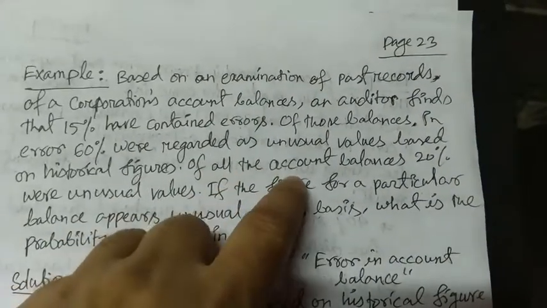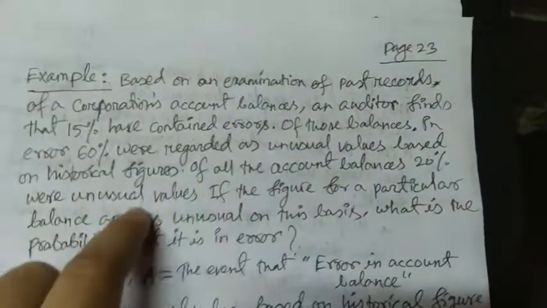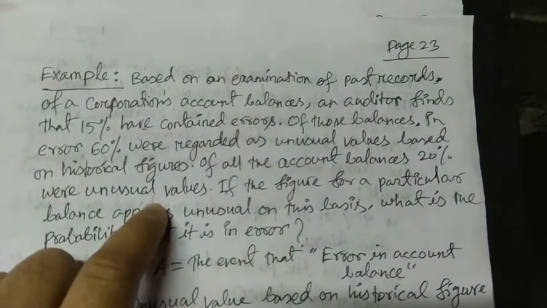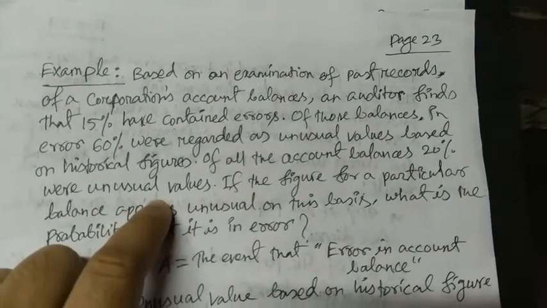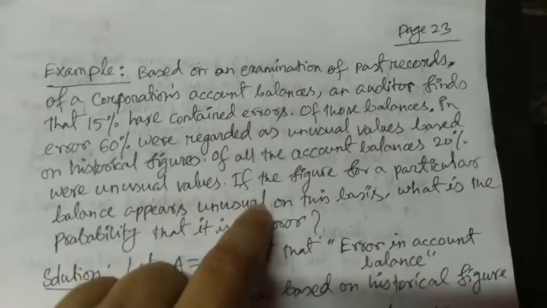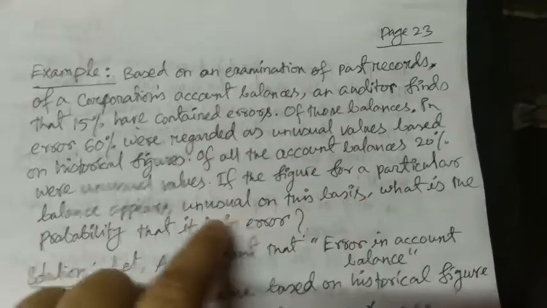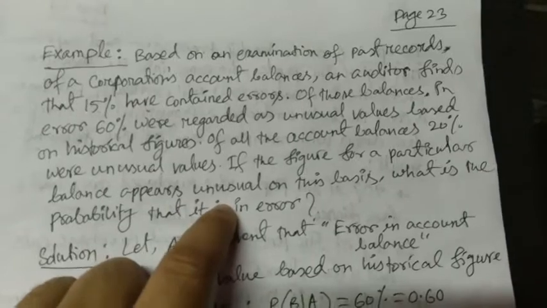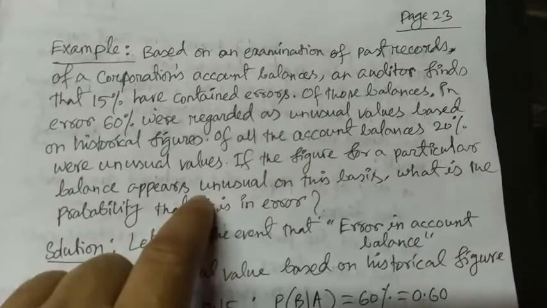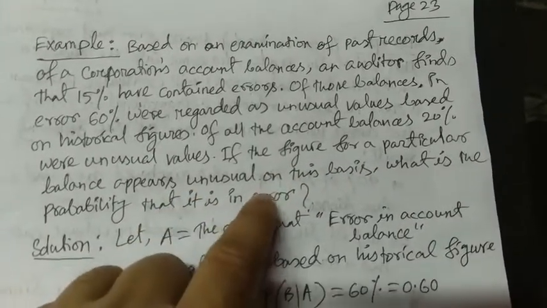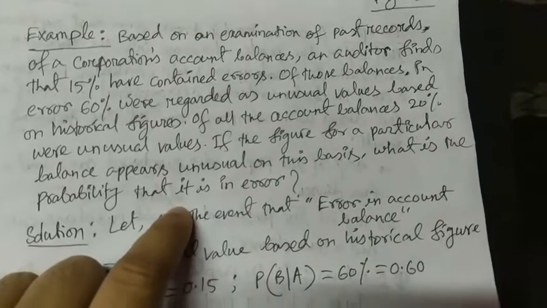Of all the account balances, 20% were found as unusual values. If the figure for a particular balance appears unusual on this basis, what is the probability that it is in error?